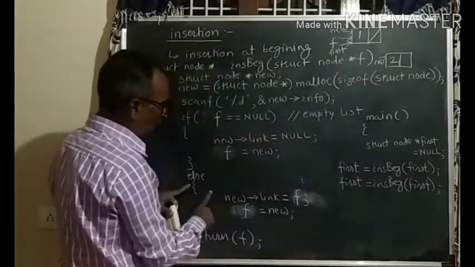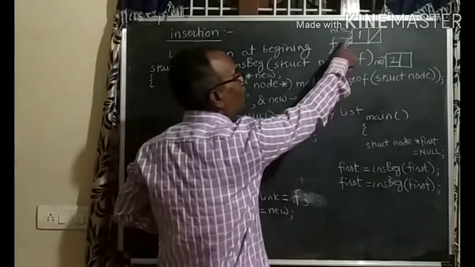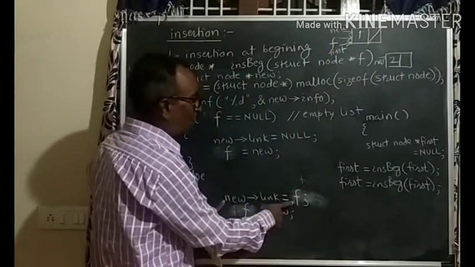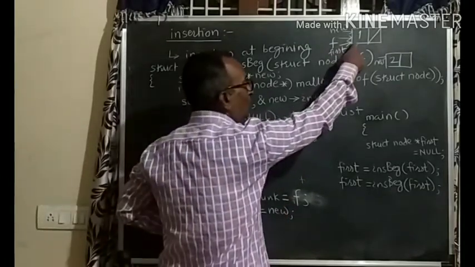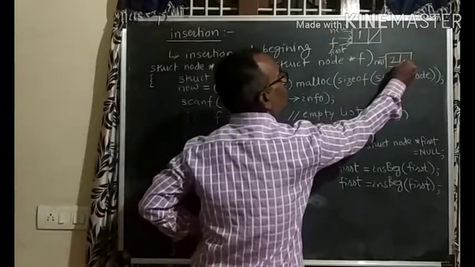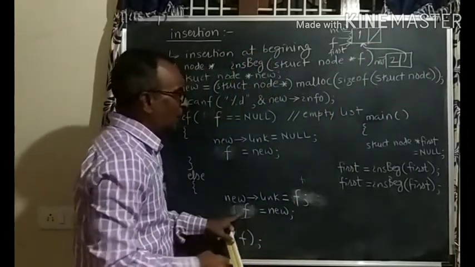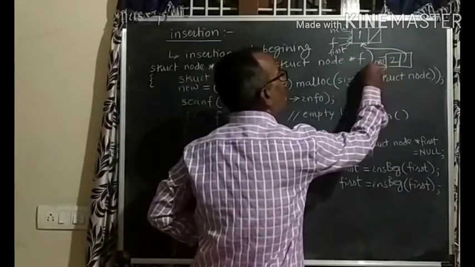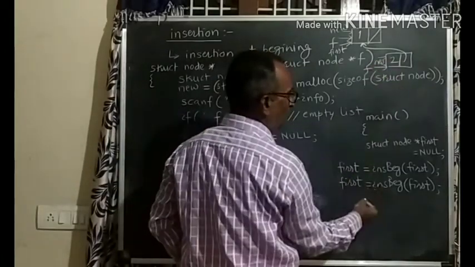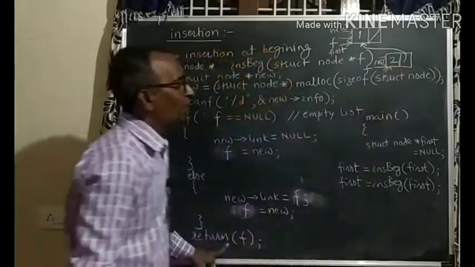So f is not null. It will go to the else part. F is given to new's link. F is pointing here, right? So f, this node's address you have sent. So f is given to new's link. This is new's link. This will point here. And then new is given to f, means f will point here. And return that f. This node's address you are returning back to first. So first also points to this.